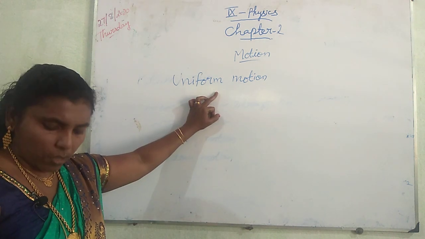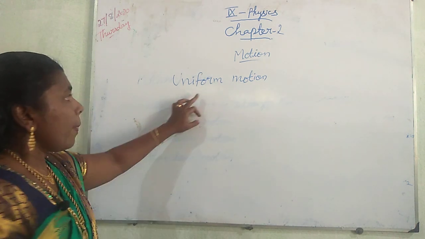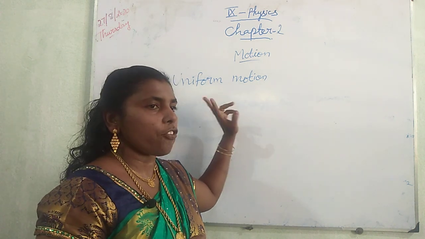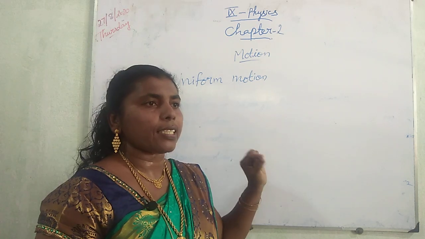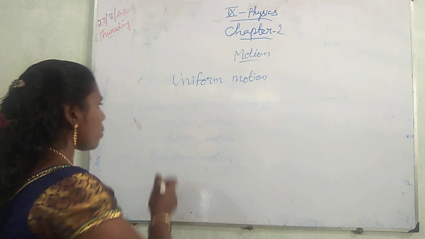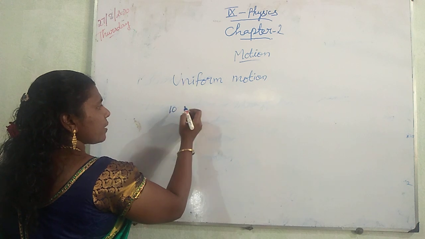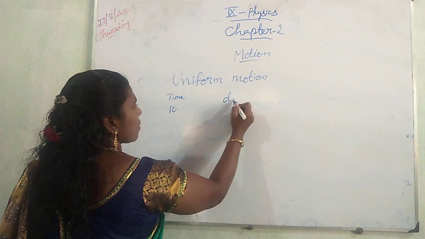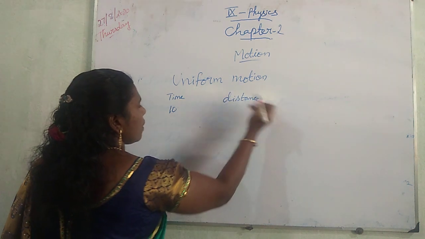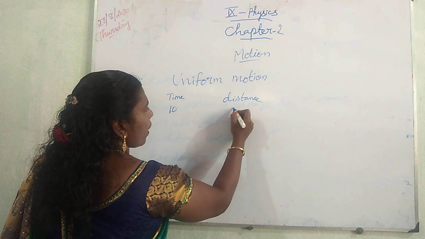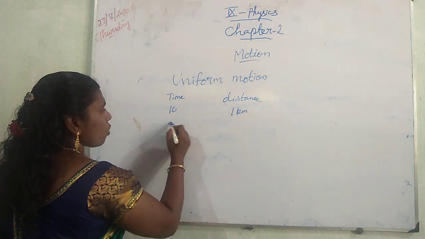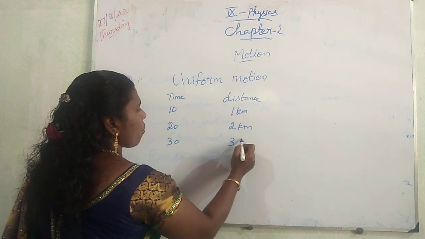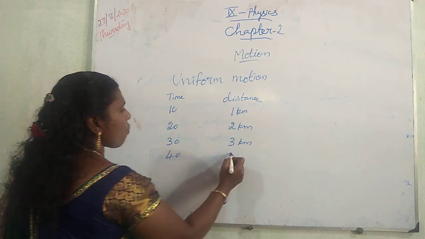Uniform motion: equal distance in equal intervals of time. What is uniform motion? Equal distance in equal intervals of time. Suppose within 10 minutes the car moves 1 kilometer, or within 20 minutes, 2 kilometers, 30 minutes, 3 kilometers, 40 minutes, 4 kilometers.